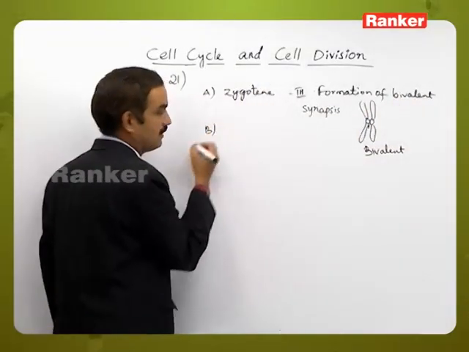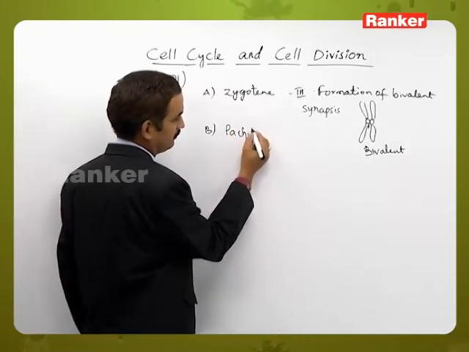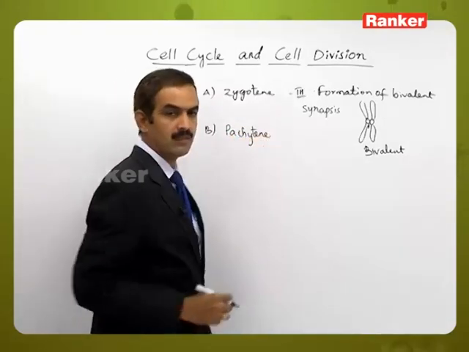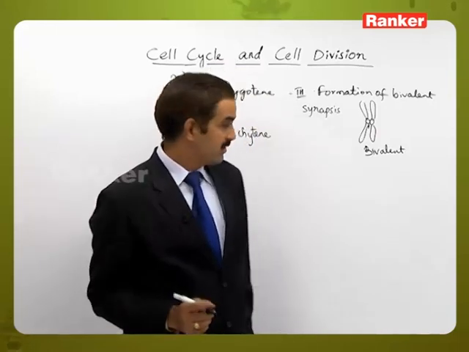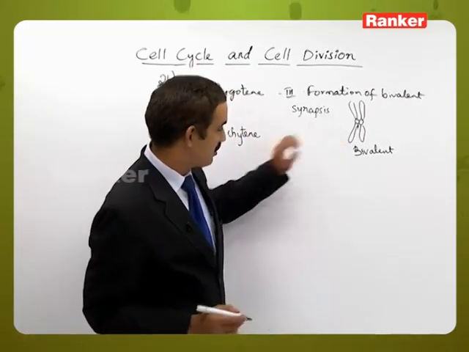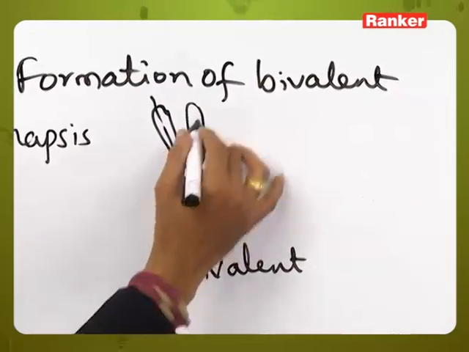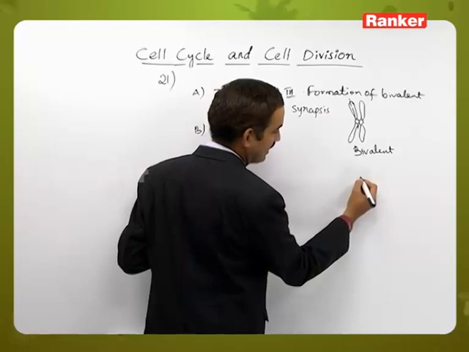And B, that is pachytene. Pachytene is a process where, after the formation of bivalents, these bivalents will split longitudinally and form a tetrad like structure like this.